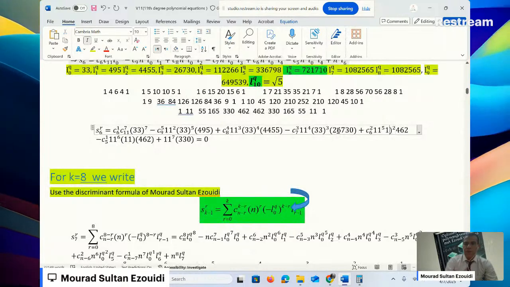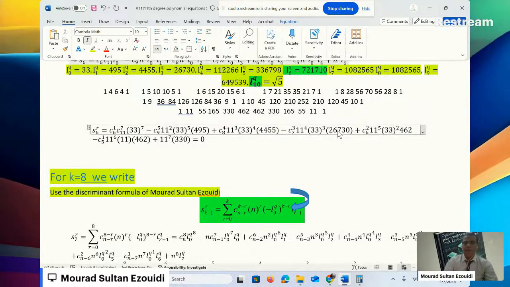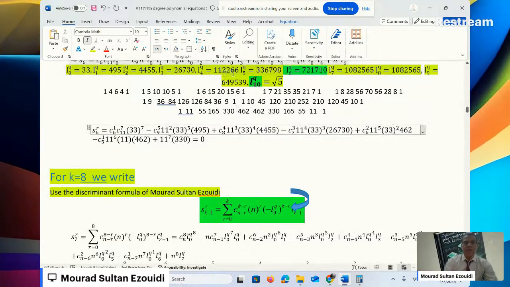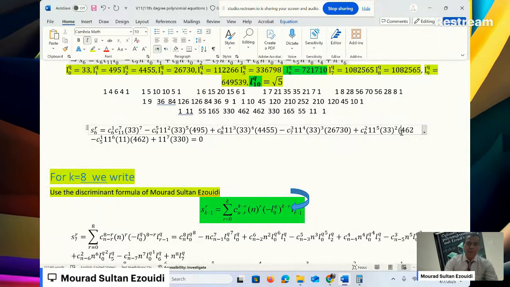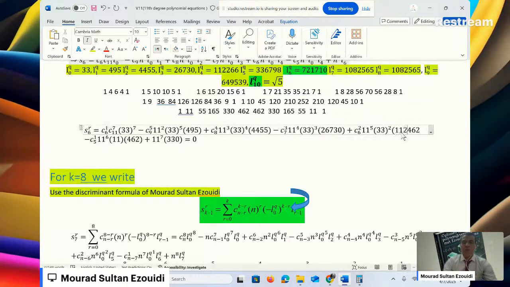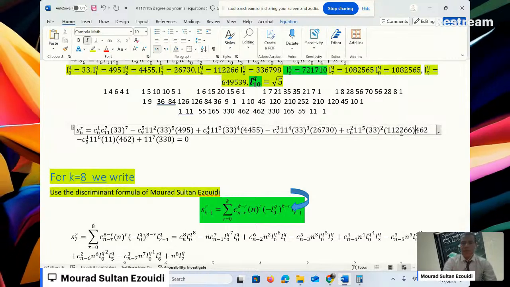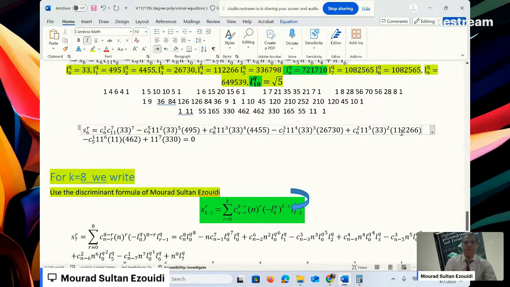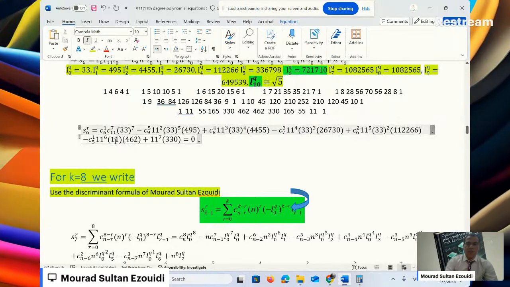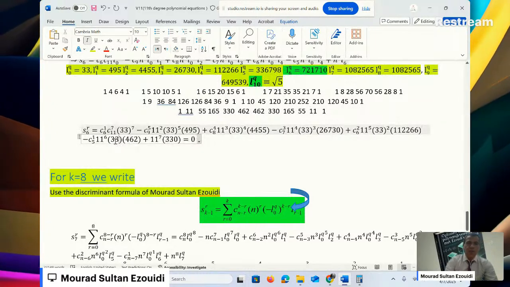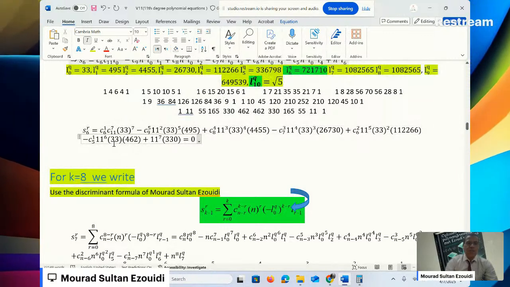Make parentheses. This is 33 times what we called 112,266. Then I will use this delta. Then this is 33 cubed, 33 only. This one we said 336.